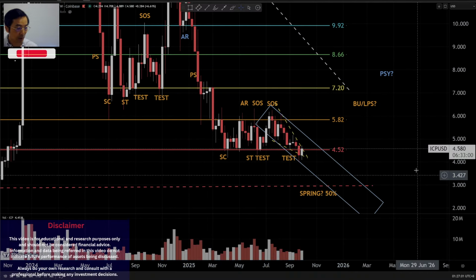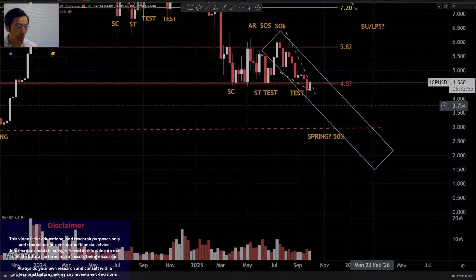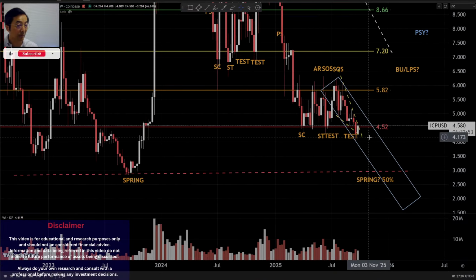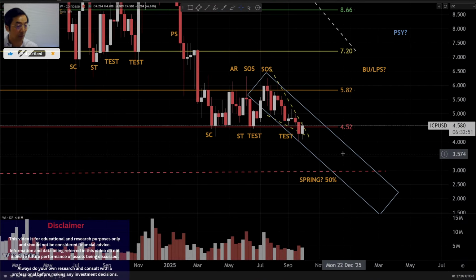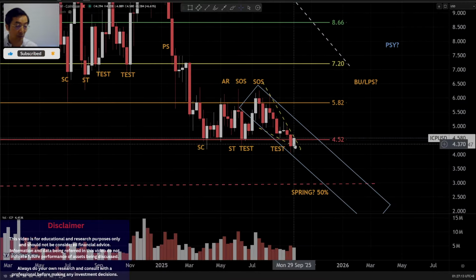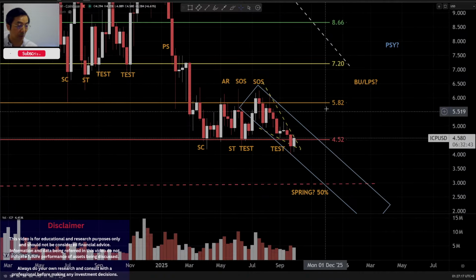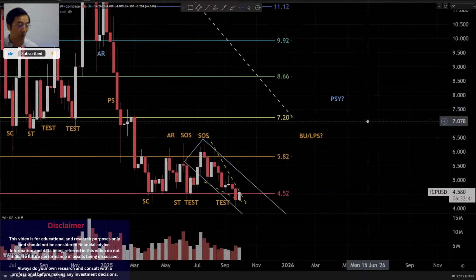When it crosses, we see where the time point lies. Currently, it's somewhere near February. I hope it doesn't take that long, because it's like 4 or 5 months over there. I hope if it really comes down, it quickly comes down and breaks below the channel box, and then quickly resumes and climbs back up.